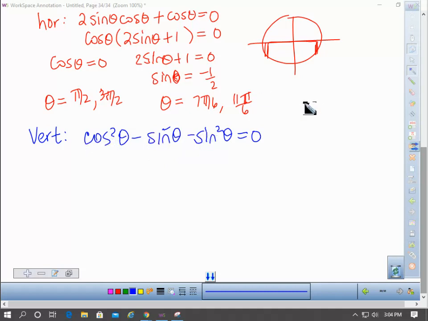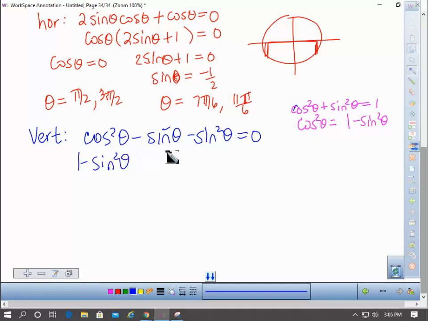So again, you're using that popular identity that you already know, that cosine squared plus sine squared equals 1. So cosine squared is going to equal 1 minus sine squared. So we're going to replace our cosine squared with 1 minus sine squared. So 1 minus sine squared, and then minus sine squared equals 0.